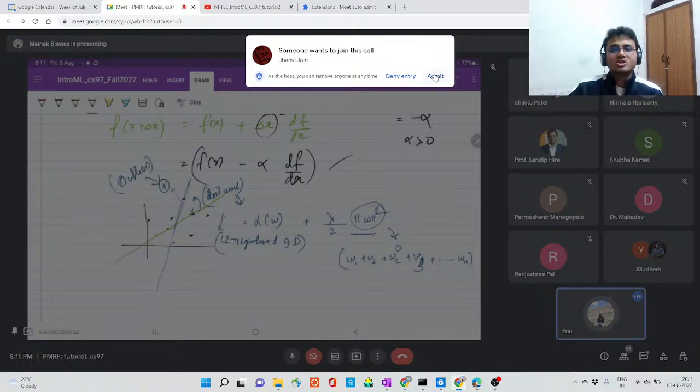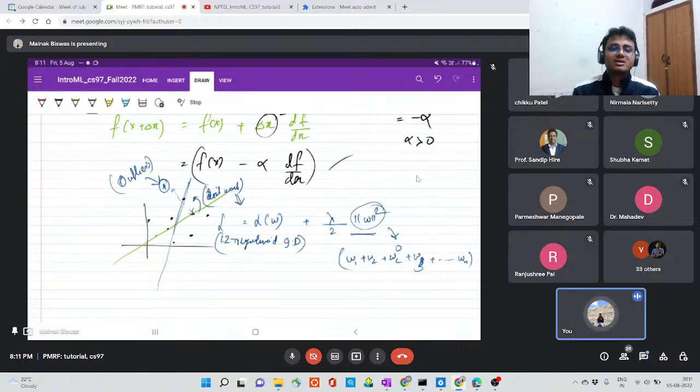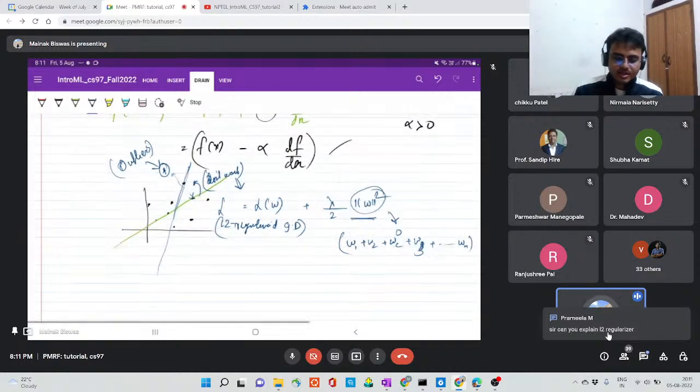The graph does not change. This is very important. Whenever you're doing a practical problem, you generally add this regularizer to prevent your classifier from going crazy by shifting for all these points. It will not be able to detect the outliers. Yeah, this is the L2 regularizer.